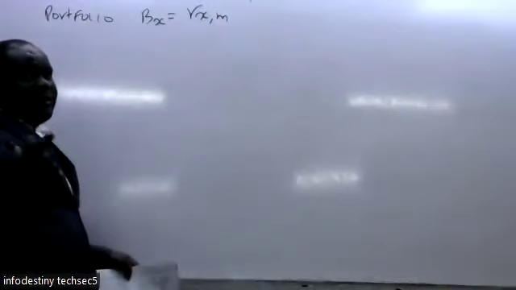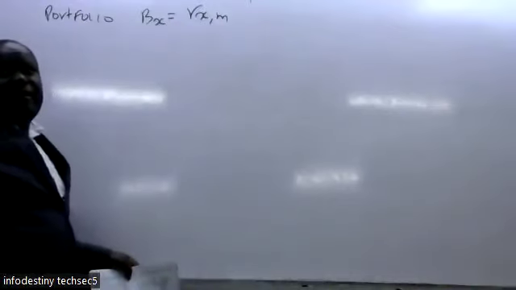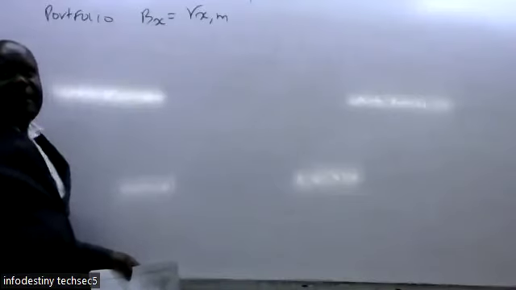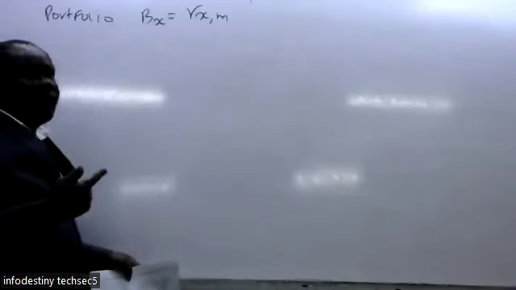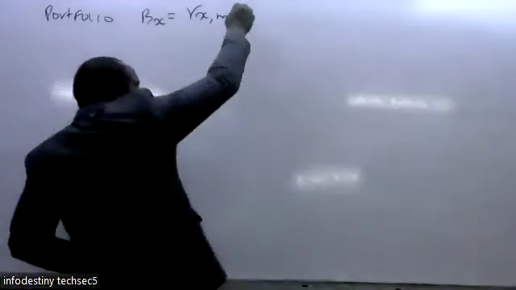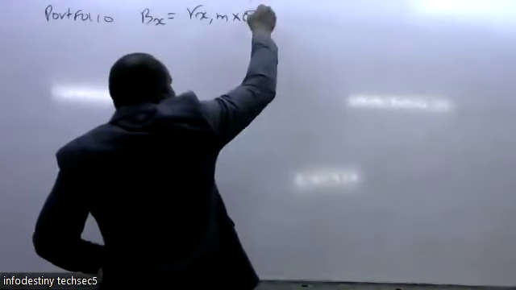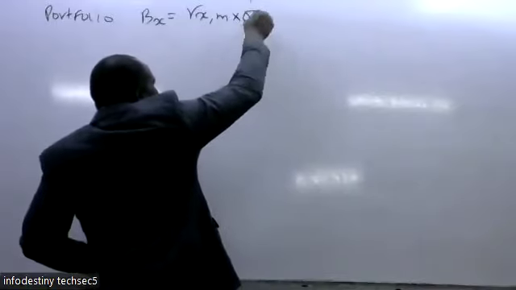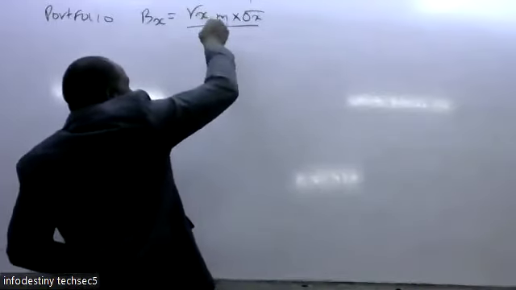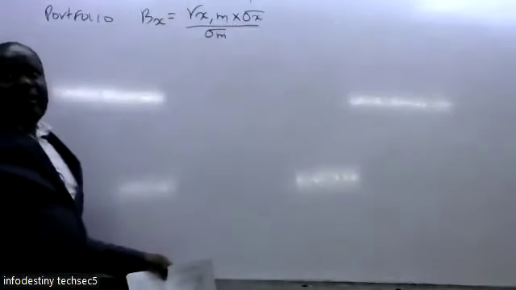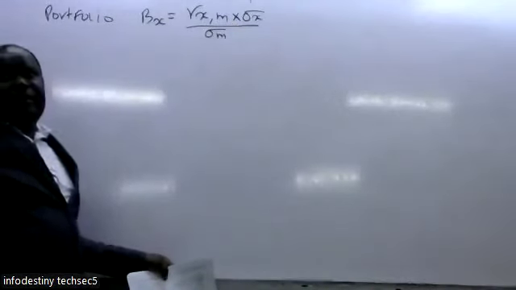Yesterday we did something of that type, where we took the correlation coefficient between the project and the market portfolio. Then multiplied by the standard deviation of security X. Then remember, we were dividing by the standard deviation for the market. That was the last formula we used in the other question to get the beta factor.